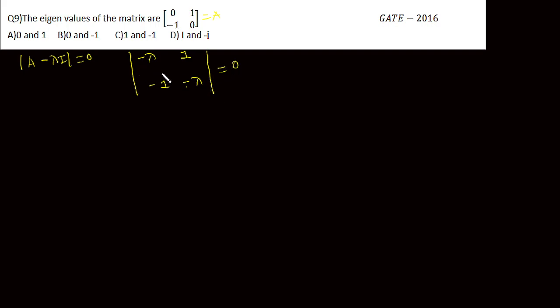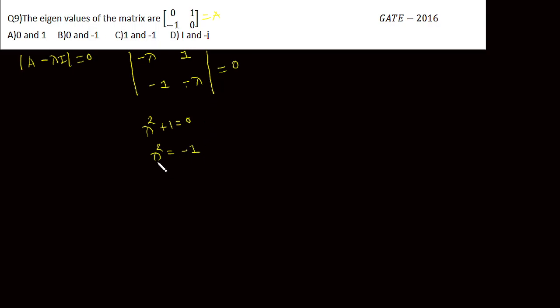So let's solve for lambda. Lambda square plus 1 equal to 0, and then lambda square equals minus 1.